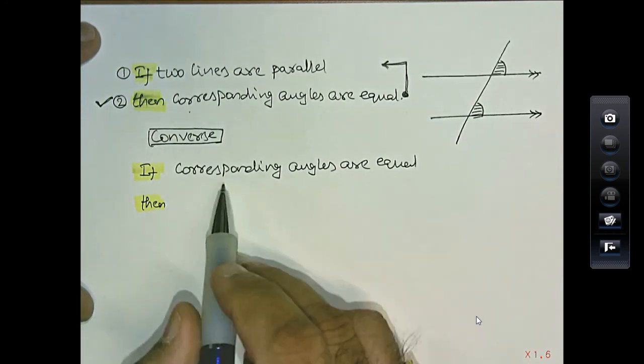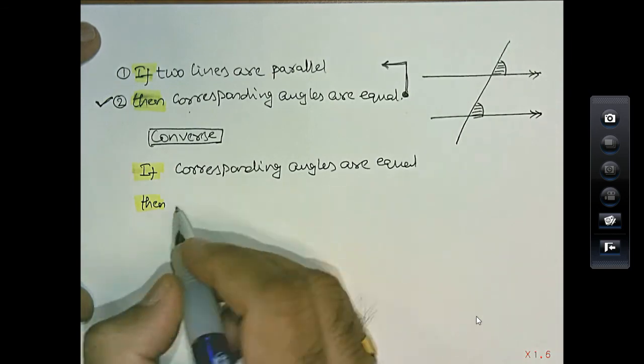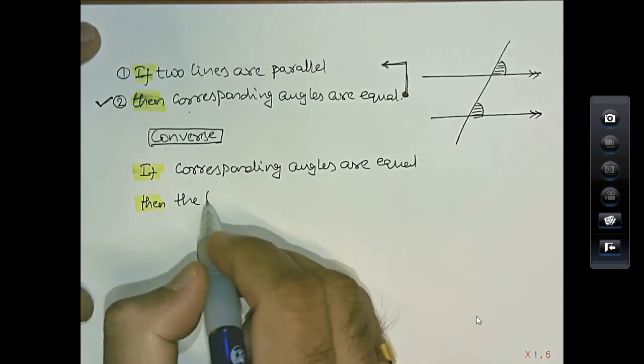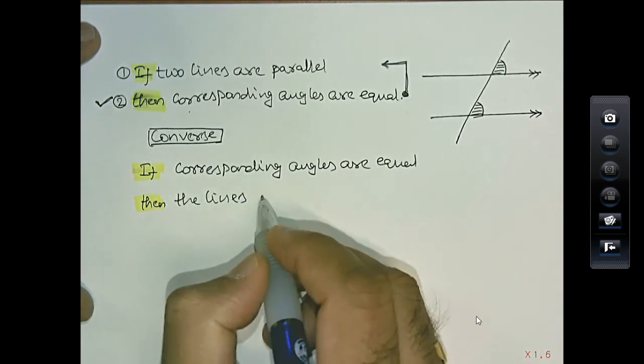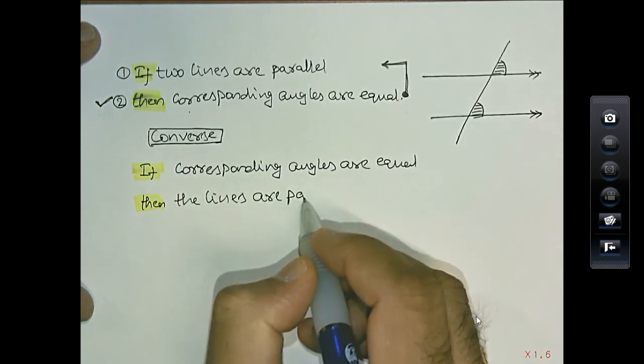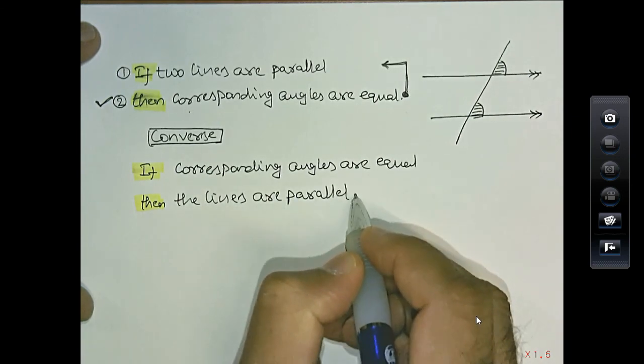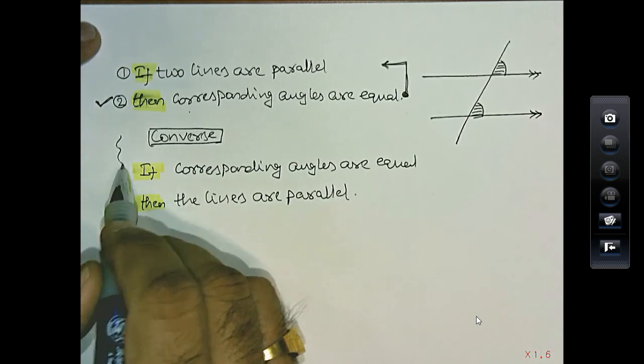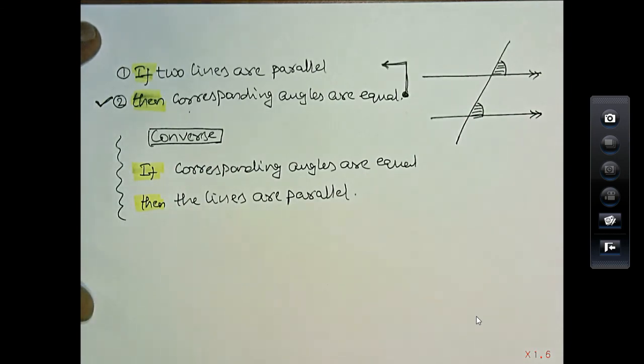So if corresponding angles are equal, then the lines are parallel. Okay? Now, based on this converse, we are going to construct the parallel lines.